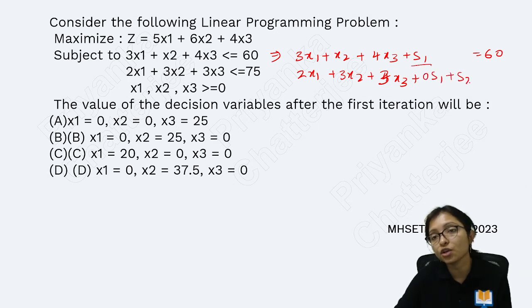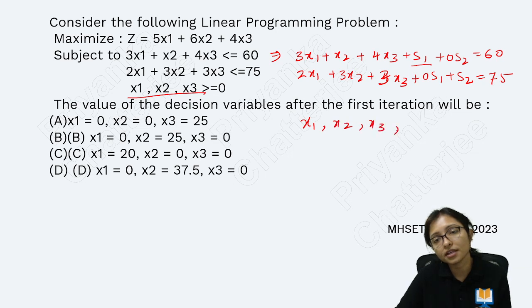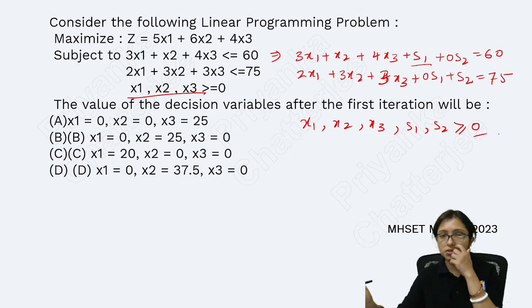Here I will take a new variable s2. Here I will make 0 s2. This is the way you have to make it, and it is 75. After that, all the new variables you have to write, like x1, x2, x3, s1, s2, all are greater than or equal to 0.